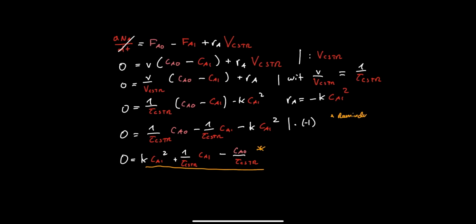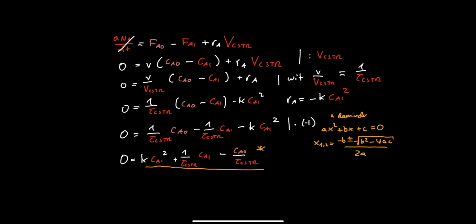If we have an equation where we have a times x squared plus bx plus c equal to 0, we have two solutions, x1 and 2. This would be minus b plus minus the square root of b squared minus 4 times ac, divided by 2 times a.